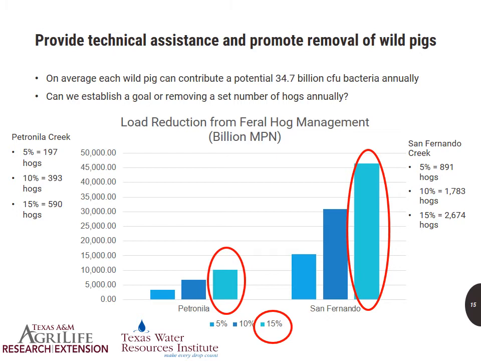There are more pigs in San Fernando than there are in Petronila, so that's why those 5, 10, 15% numbers are different. And the potential loadings that we can expect to see are different just because there are more in San Fernando. And so what we asked our ag habitat work group was, what did we think was a reasonable goal? And they felt that 15% for both watersheds that we could work to help reduce those populations did seem like something that could be manageable. So that's what we'll put into the plan.